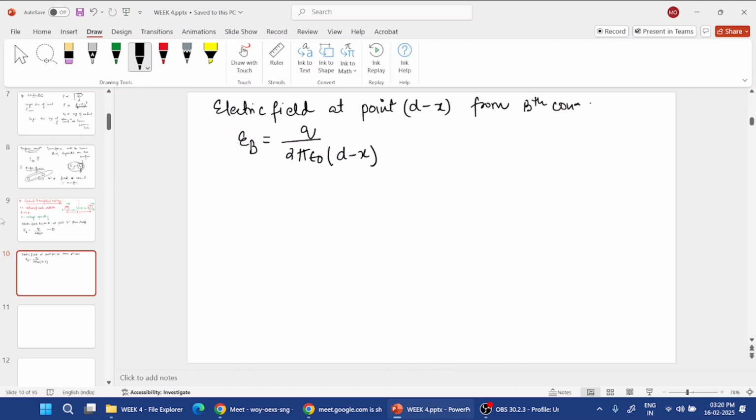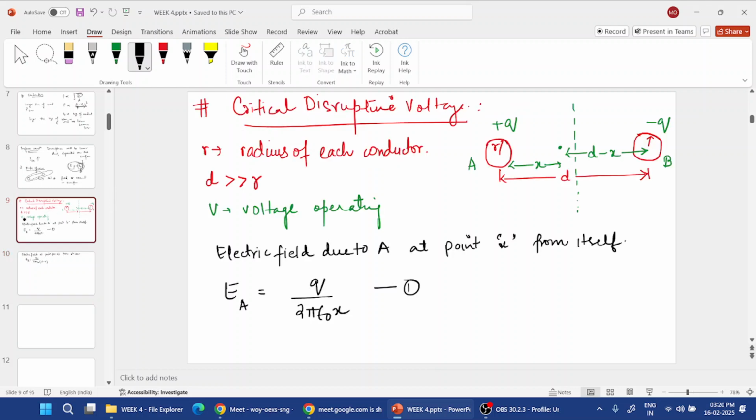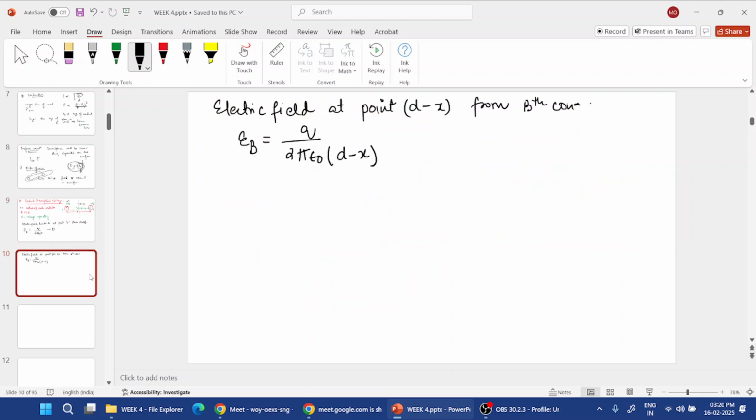Now what happens here is that due to A, the field direction will be like this, but due to the minus q, the field direction will be like this. So basically at that point, the addition of both fields will be done. Addition of EA and EB is equal to, let's say, Ex.